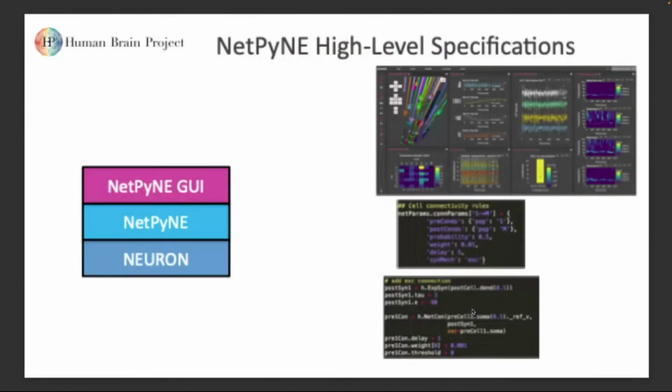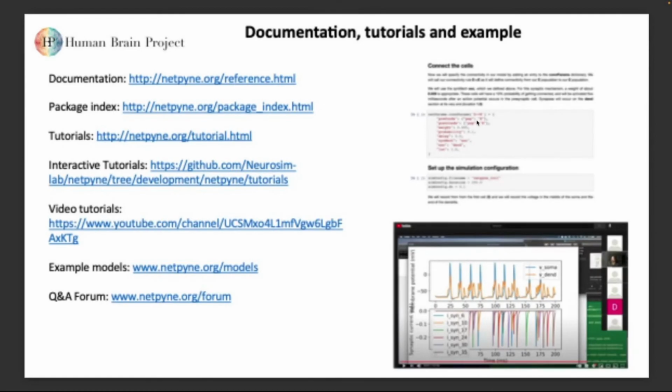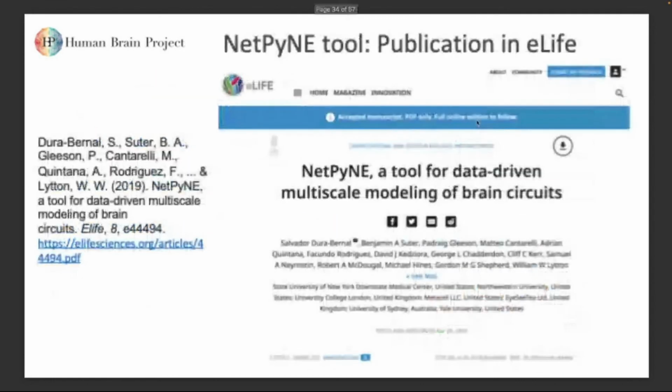Here there is an example where NEURON code becomes much simpler in NetPyNE code, and there is also a GUI for NetPyNE. So you can find all details about NetPyNE by following these links and reading the paper of our colleagues.